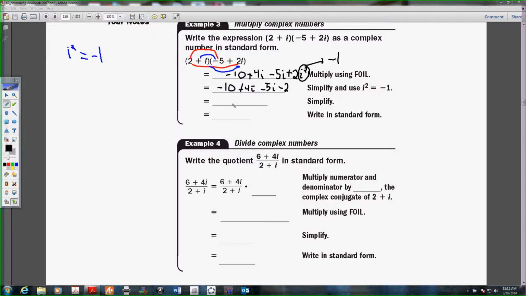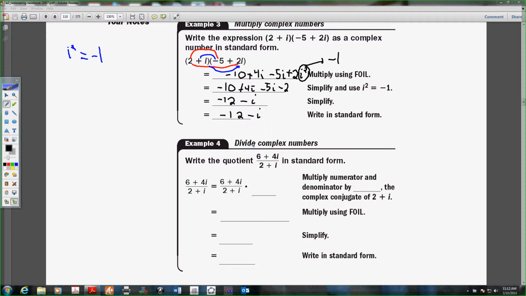Now we add them all together, real with real, imaginary with imaginary, which gives us -12 minus i, which is already written in standard form. Let me rewrite it again. Standard form, which is the same as the one above. There we go. So that would be the answer, or how we would multiply.